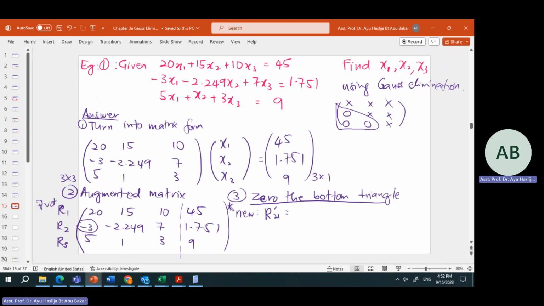But to get that +3, we cannot simply use just +3. Okay, we must find the factor because you will need to use the factor to calculate the new values for R22, R23 and R24 as well.